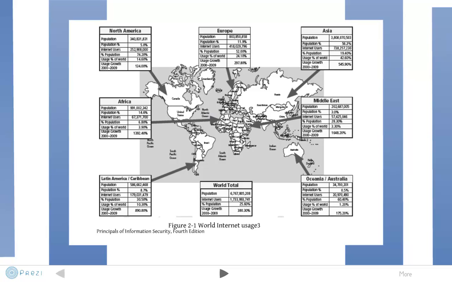Which is great for business because it creates new markets. More and more people want the iPhone, right? And more people are going to buy Nike shoes. And that's great for business. But this creates risks, right? It doesn't necessarily affect security immediately, but it creates new risks.